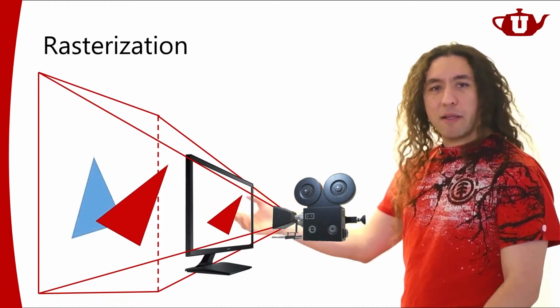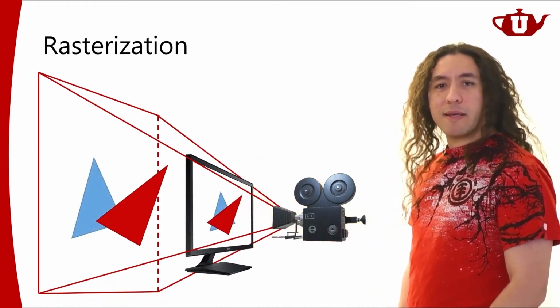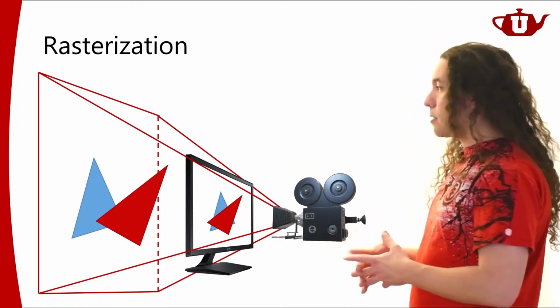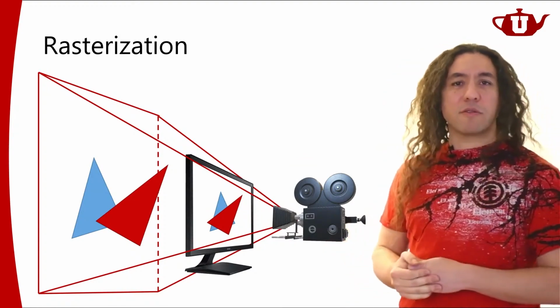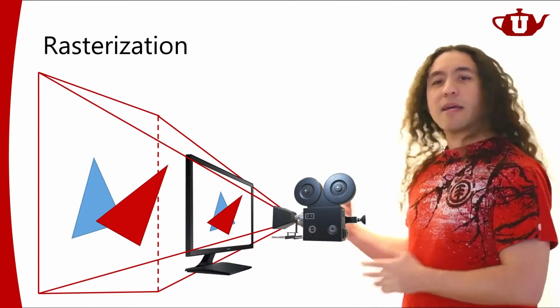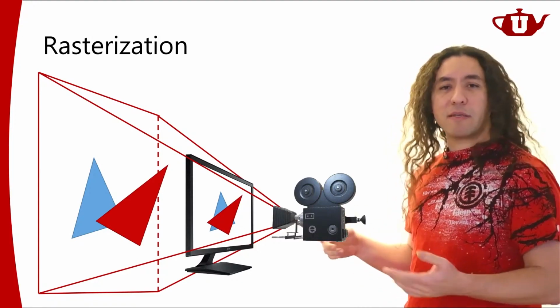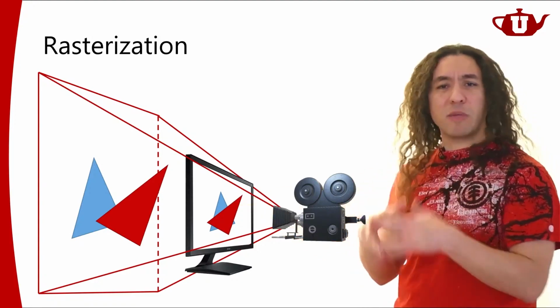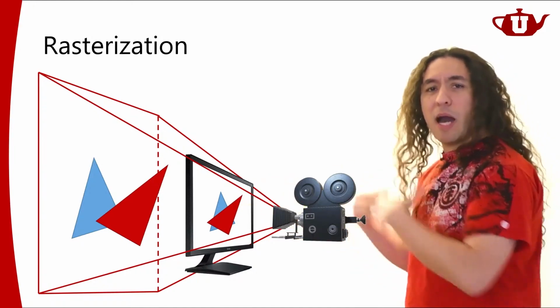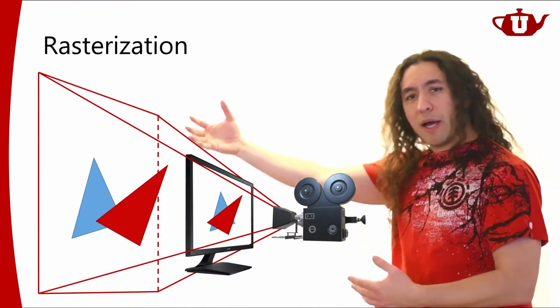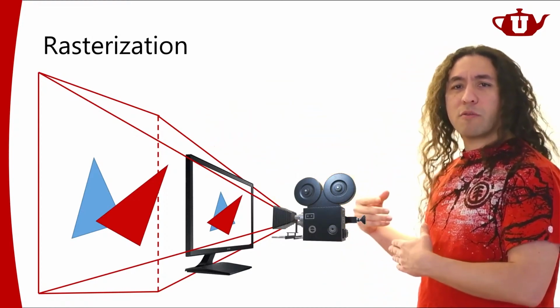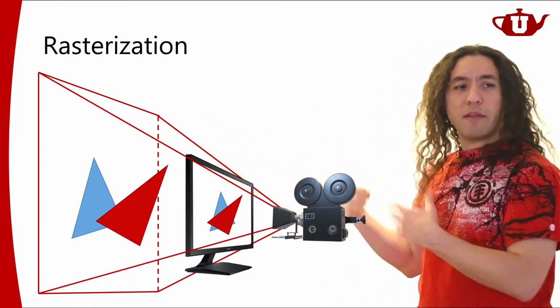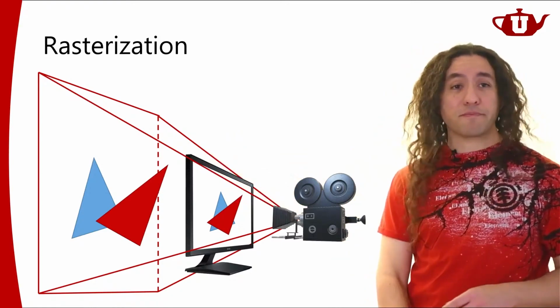Take the next triangle, figure out where it lands on the screen, and draw it like this. As we talked about, different rasterization algorithms can handle different things. With Z-buffer rasterization, if these two triangles are intersecting with each other, we can easily handle that. But that's how rasterization works: take triangles, move them to the screen, and figure out where they fall on the screen.